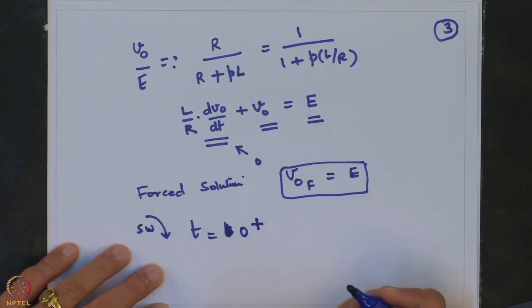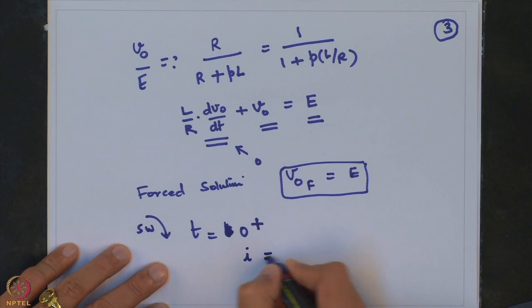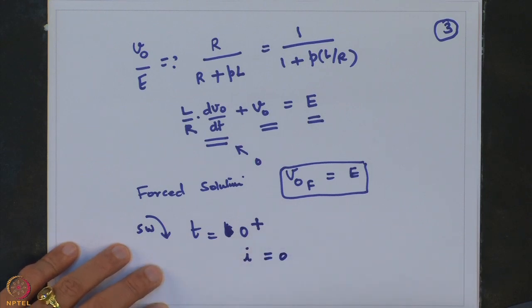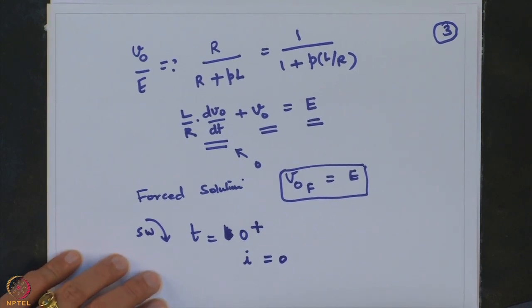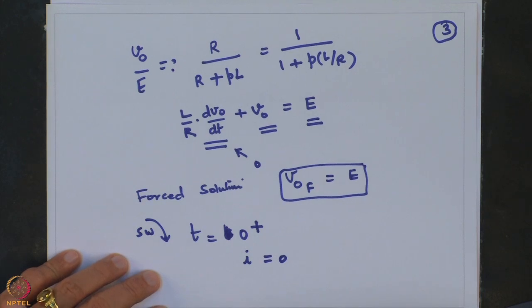The current I in the system. I will be 0 because there is an inductor in the circuit, and we all know that the current through the inductor cannot change suddenly. So, initially if there was no current in the inductor, it will remain like that even after closing the switch, at a very infinitesimal time after the switch has been closed at t equal to 0. So, at t equal to 0 plus also your I is 0.